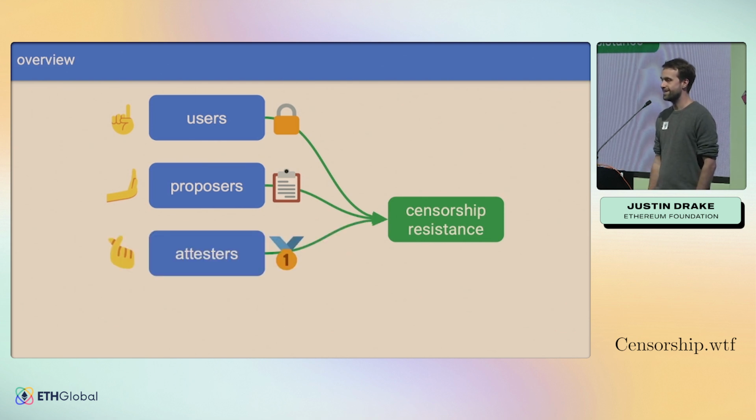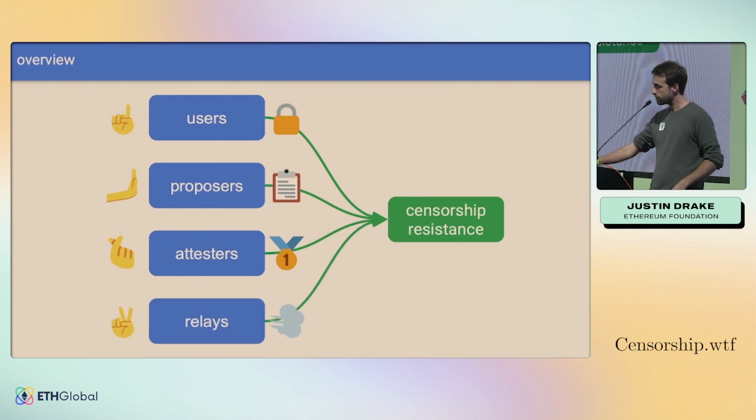We're going to have attesters with MEV burn that are going to require that the proposer picks the most valuable block, therefore making sure that any block that does censorship is much more expensive to get on-chain. And then finally, we're going to have the relays with enshrined PBS that can just peace out and disappear.